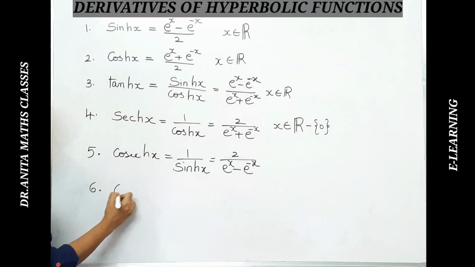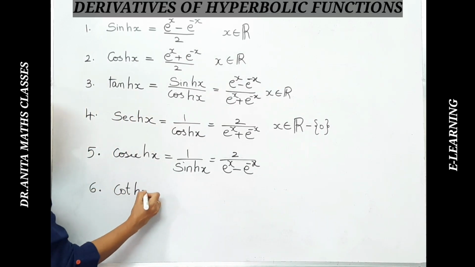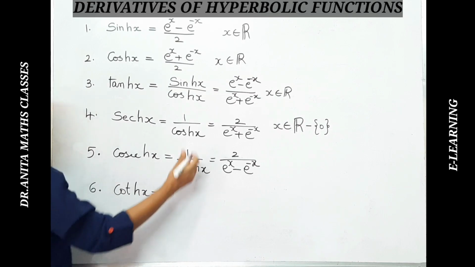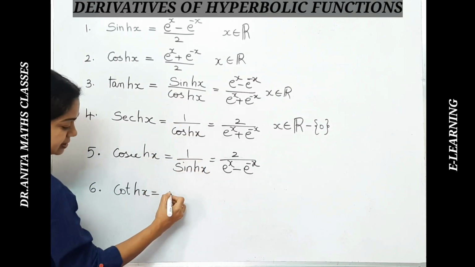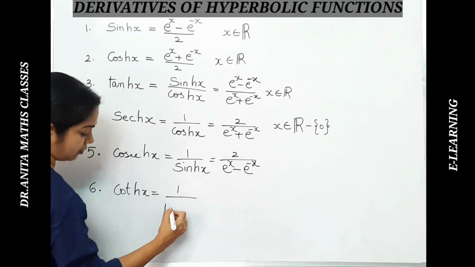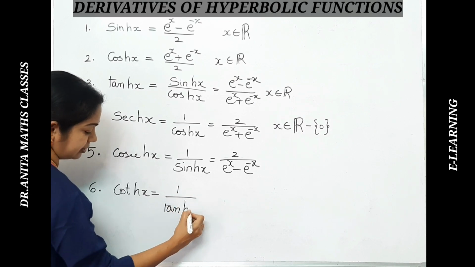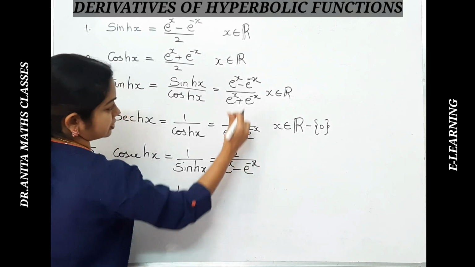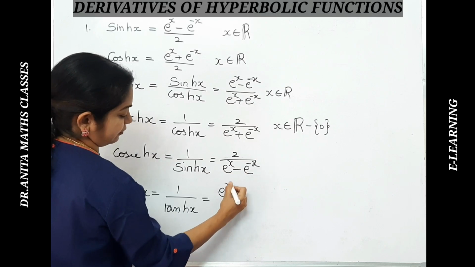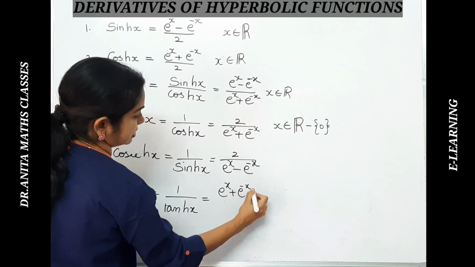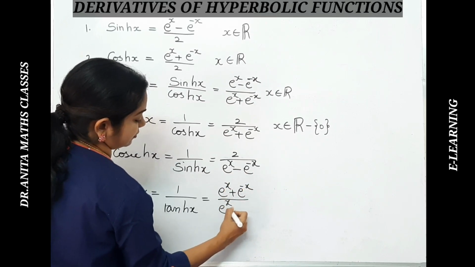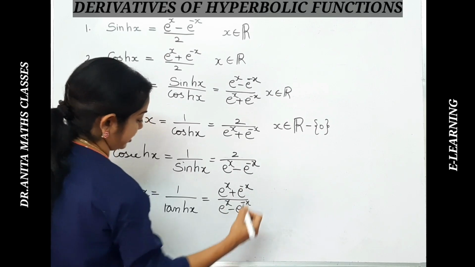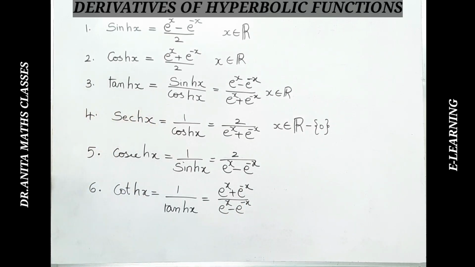Similarly, we have coth x, that is the reciprocal of tanh x. So this comes up e to the power of x plus e to the power of minus x divided by e to the power of x minus e to the power of minus x for all real values. Please note it down.